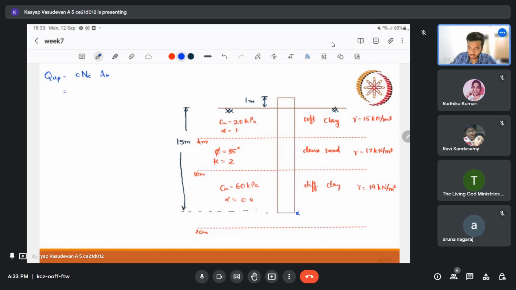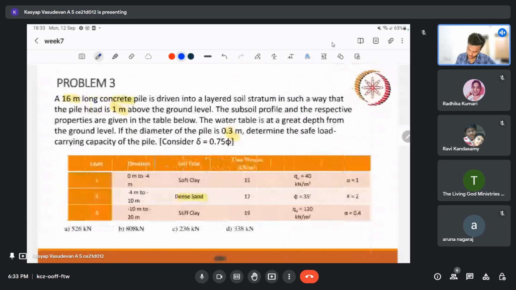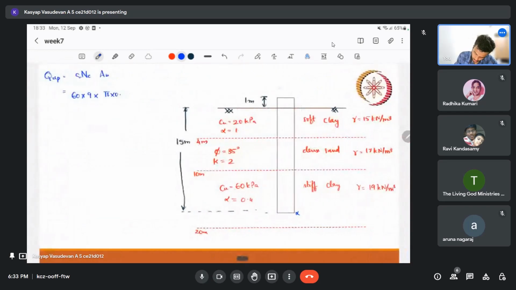So Cu at the tip is 60, Nc is 9, and Ab is pi into 0.3 squared by 4, since the diameter is 0.3 meter. That will be the area of the base.